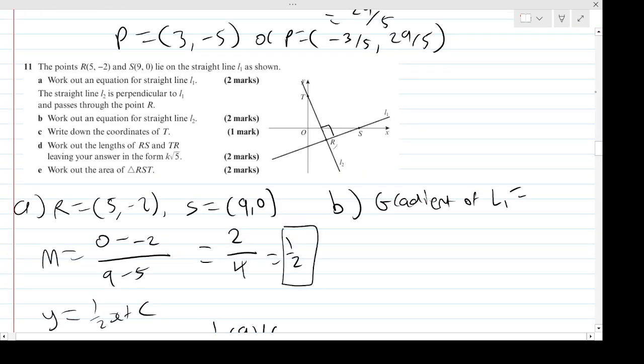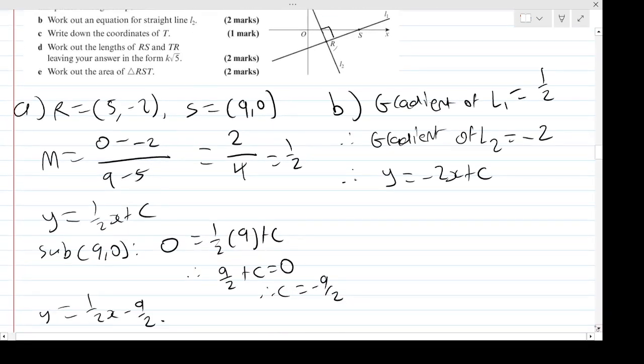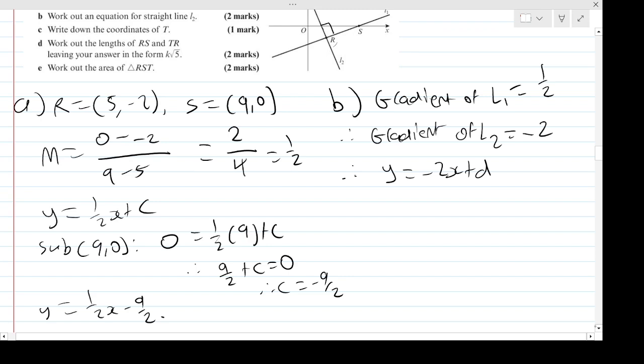The gradient was a half. That means then, as L2 is perpendicular to L1, the gradient of L2 is the negative reciprocal. So let's do the reciprocal of 1 over 2, flip the fraction, 2 over 1, which is just 2, then have a negative, so negative 2. That means then our equation of L2 would be y is mx plus c, so minus 2x plus c. Okay, but I should use a different letter, plus d, because I already used c here with different numbers. So yeah, cool.